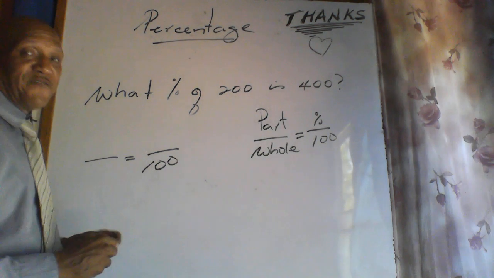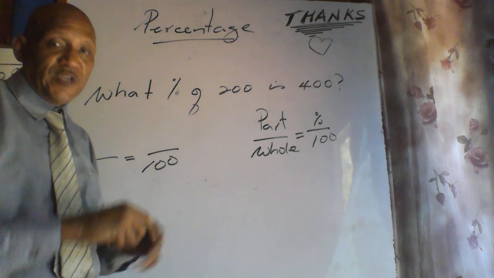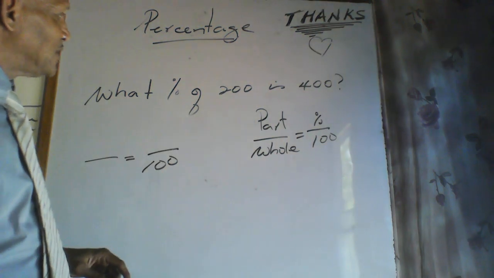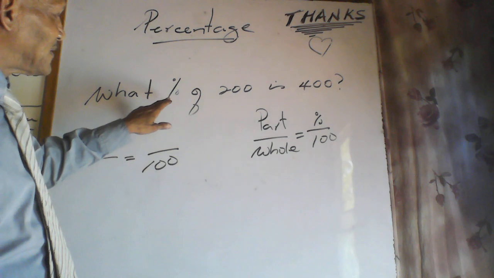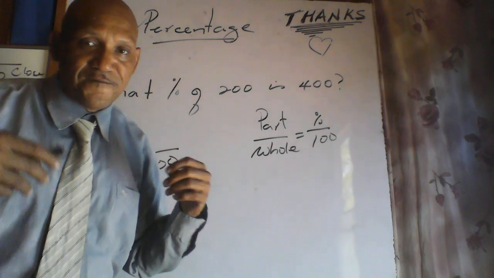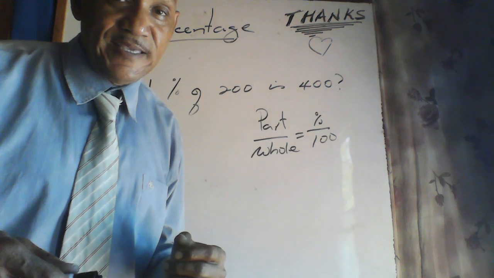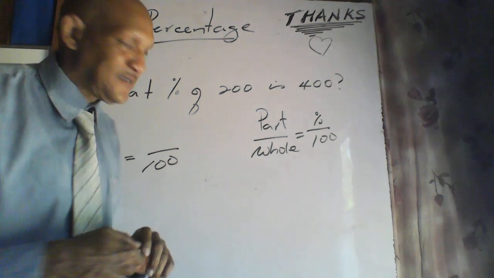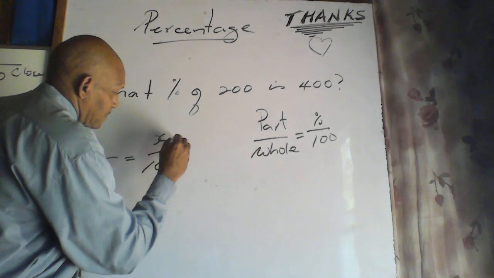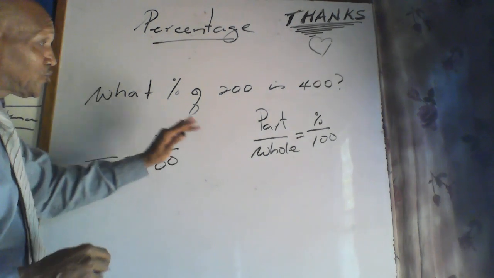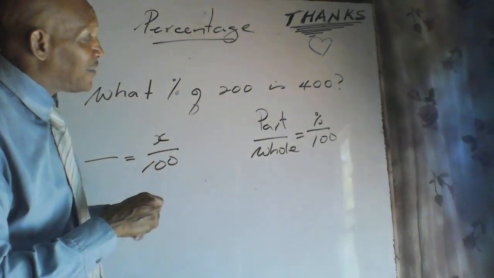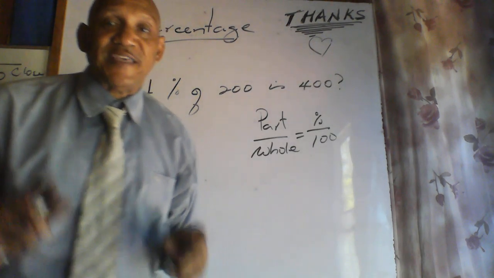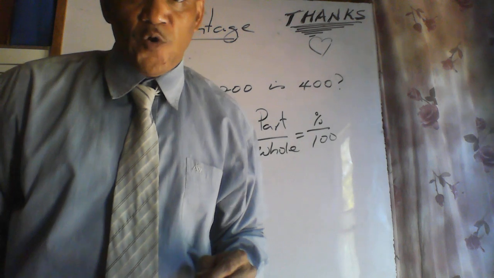The only thing they gave me was 100. What goes over 100? What percent of 200 is 400? They did not give me the percent. They're trying to find what percent it is. So I call that percent x. And trust the rules. Even though you have 200 and 400, 400 is not the whole.